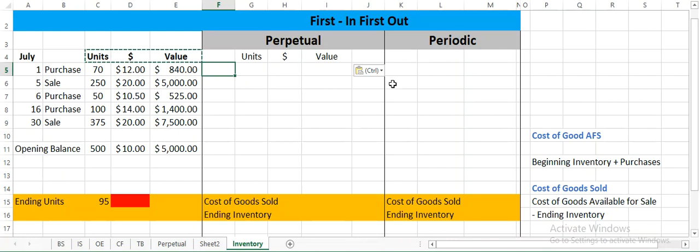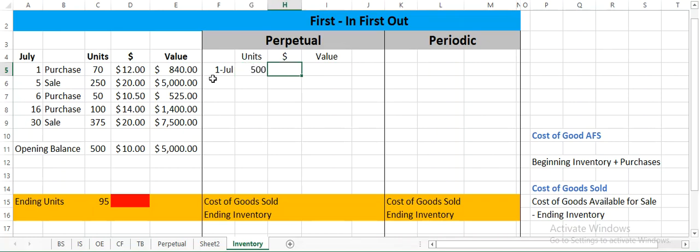We're starting off July 1st with two sets of layers. Remember, we're keeping track of layers under FIFO and LIFO.